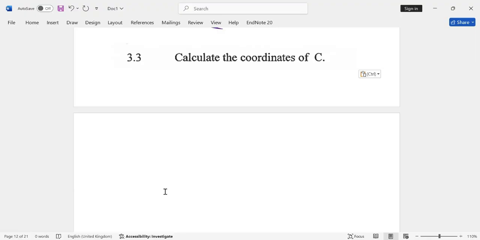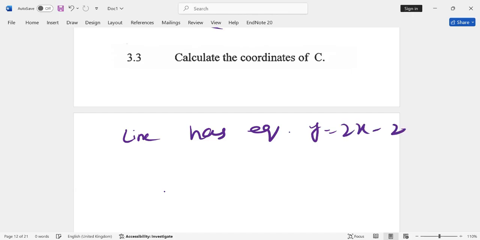So the line AC has the equation y equals 2x minus 2, and B and C are the vertices of the triangle. We must determine how C relates to AB or AC.